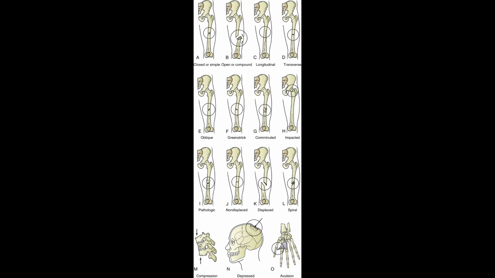There's also compression fractures. The bone is squeezed or crushed. This often occurs in the spinal column. There is a depressed fracture where the bone in the skull is driven inward, normally seen by a blunt force trauma. Stress fractures.